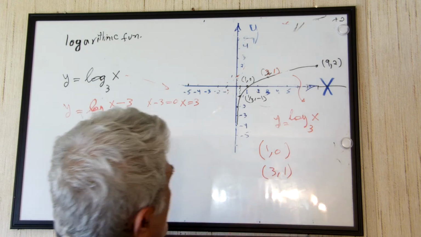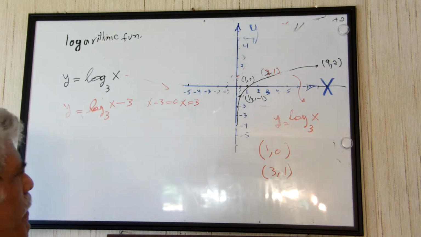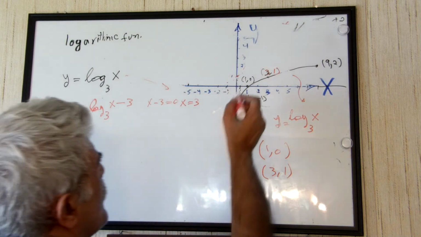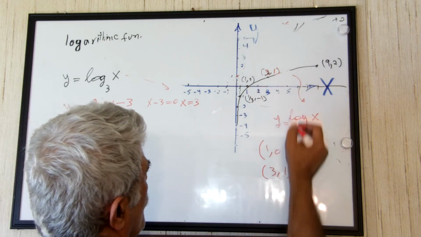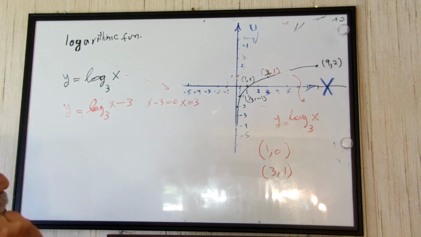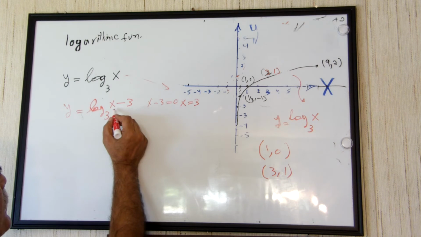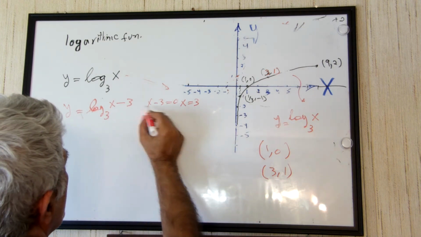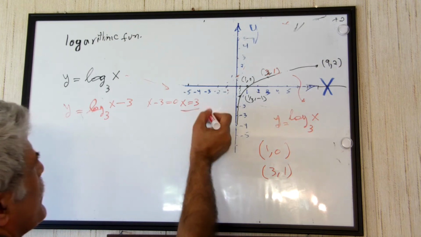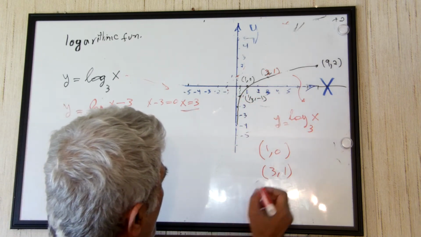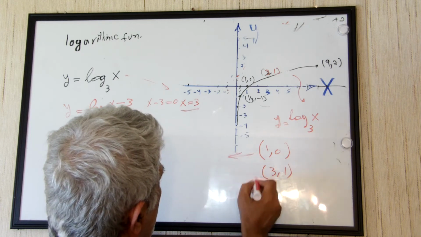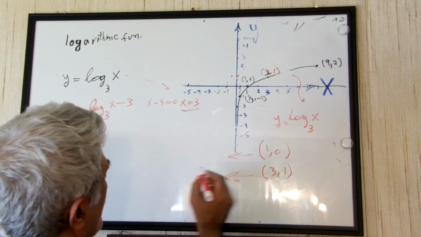Let me talk about this first. We choose this point 1 and 0, and this point 3, and then if you shift this one 3 to the right, it means if you set it to 0 again, x to the right, now this is going to change.